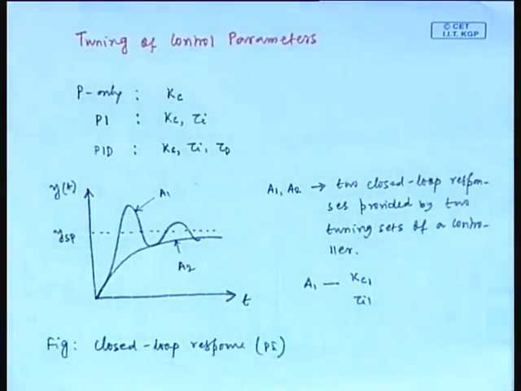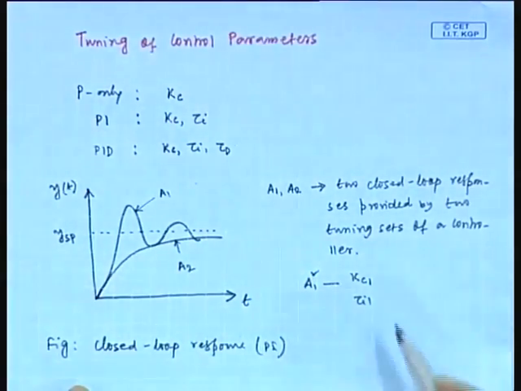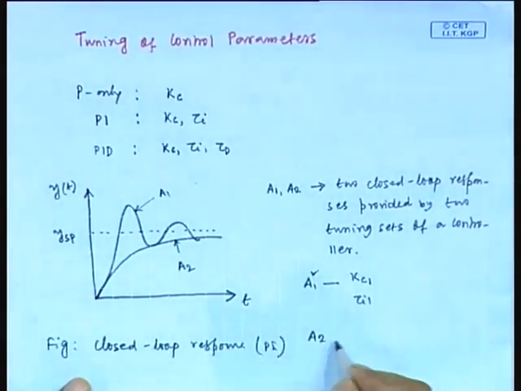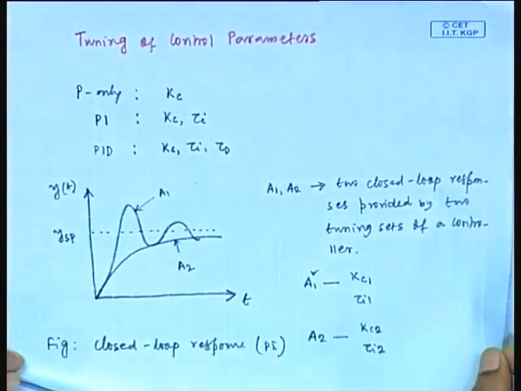So, PI controller has two tuning parameters, one is Kc, another one is tau I. Now, we get A1 response when we consider Kc1 and tau I1. We get the response A2 when we consider another tuning set, namely Kc2 and tau I2. Fine. So, the closed loop response varies with the tuning parameter values.